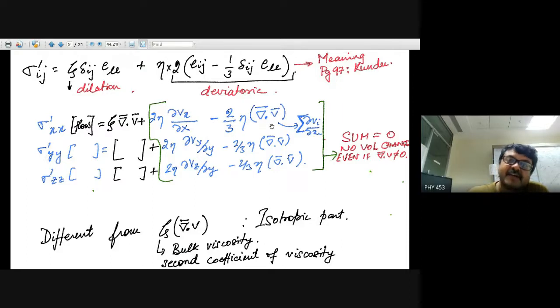This is an average of that, and anything which is an outlier over and above that contributes to the stress.